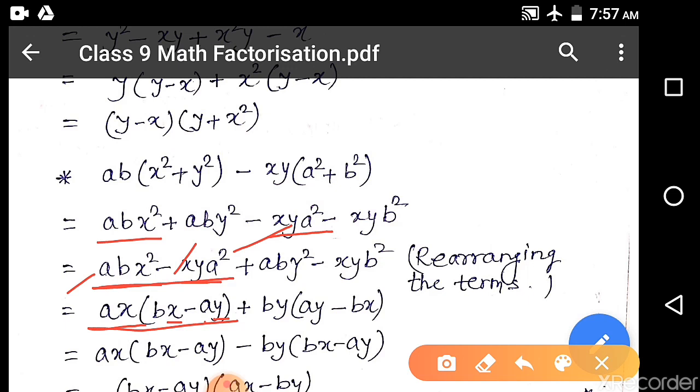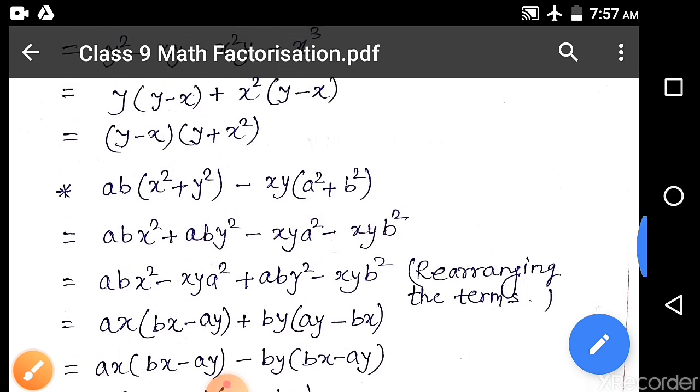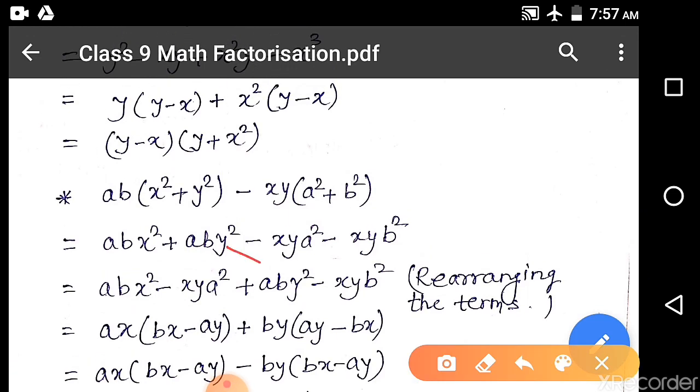Now see, for the second two terms we have this aby square here. Okay, and here we have xy b square. So from those two terms we can take by as common factor, and what is left? ay minus bx, as b and y taken common, so bx is left.